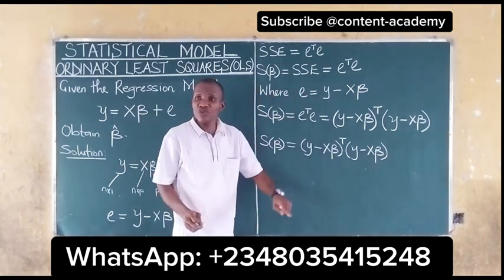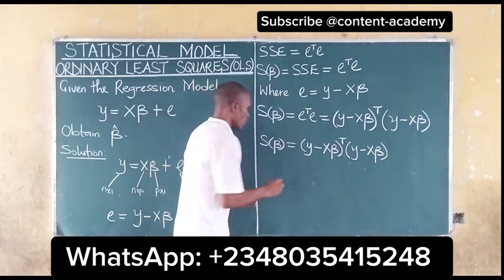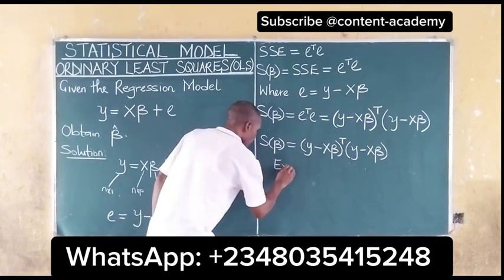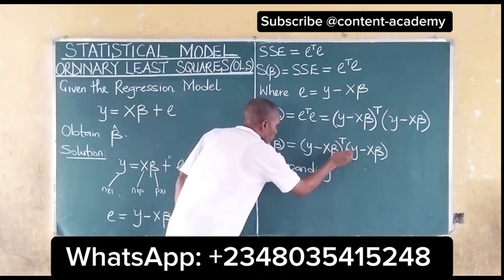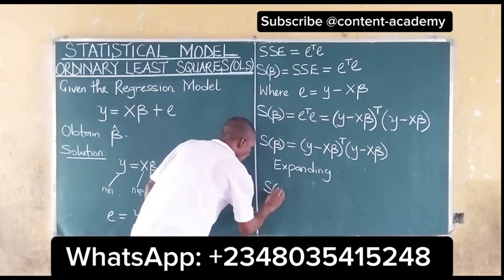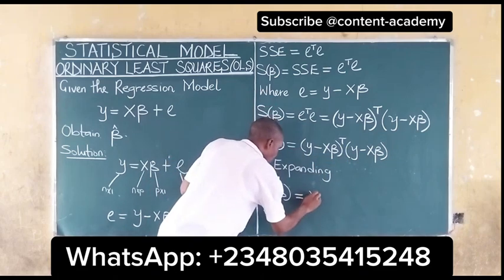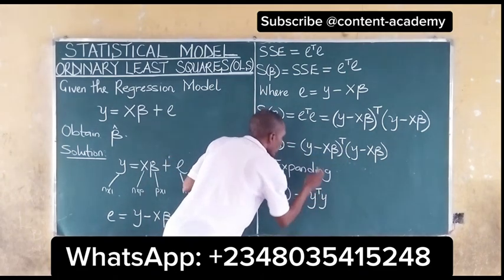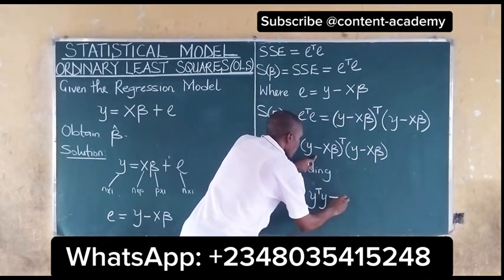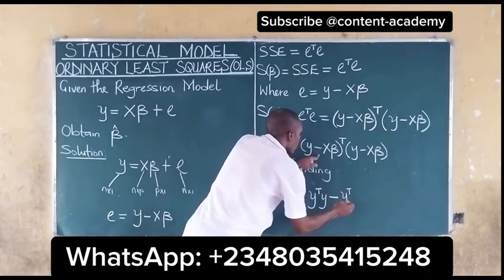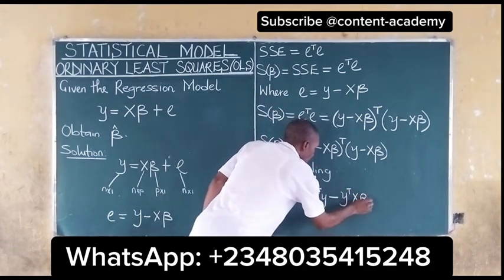The next thing we do is to expand this. Expanding, we have our objective function equal to y multiplied by y, we get y transpose y. This multiplied by this, we have negative y transpose Xb.